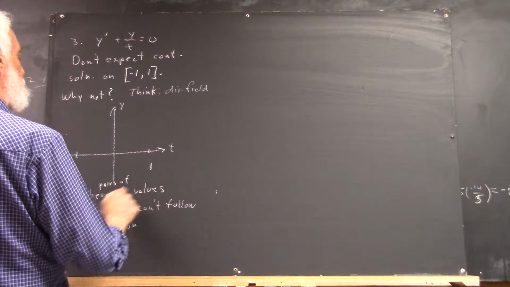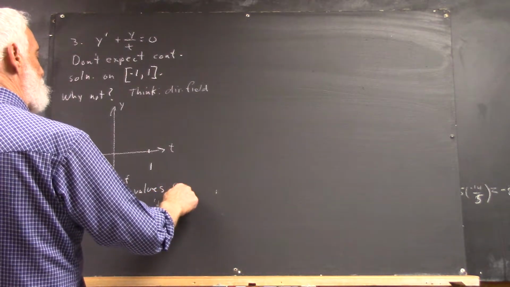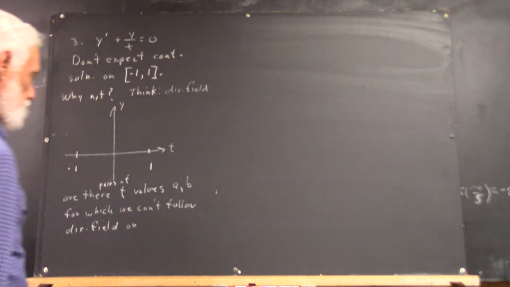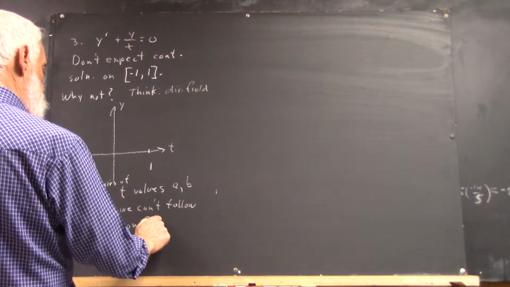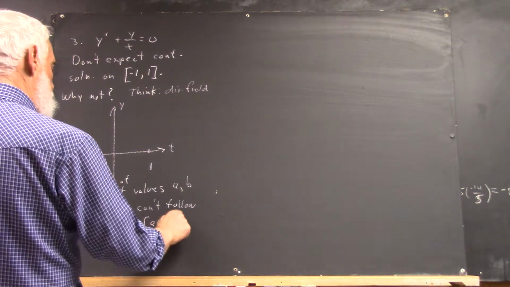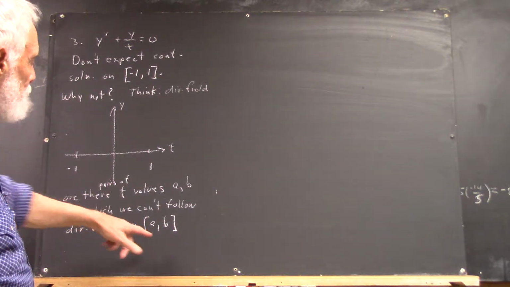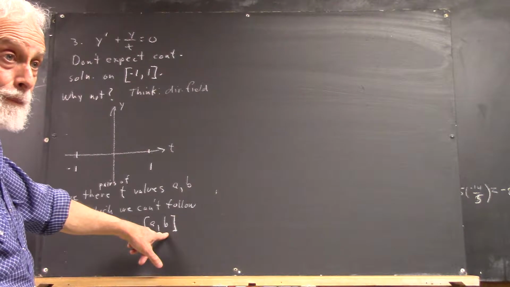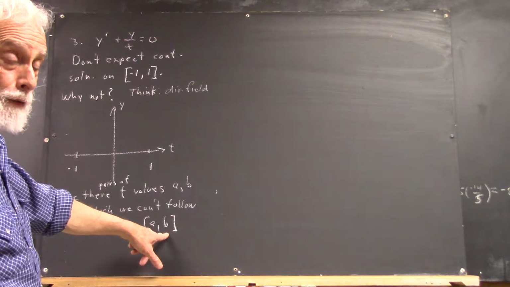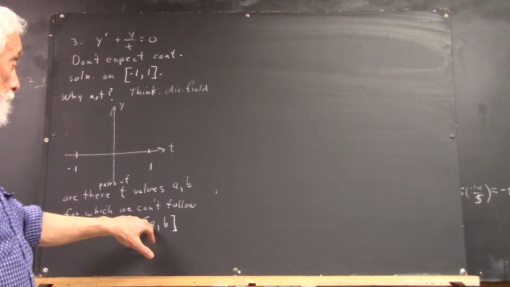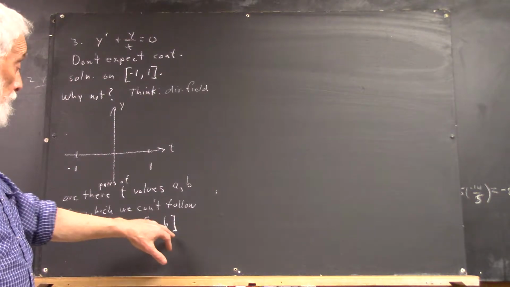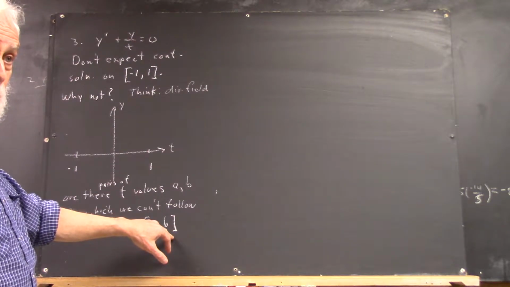Let's say pairs of t values A and B, and that's not stated very well. I should have said, are there intervals of the t-axis, intervals A, B of the t-axis, for which you can't follow the direction field from some point where t equals A to some point where t equals B.